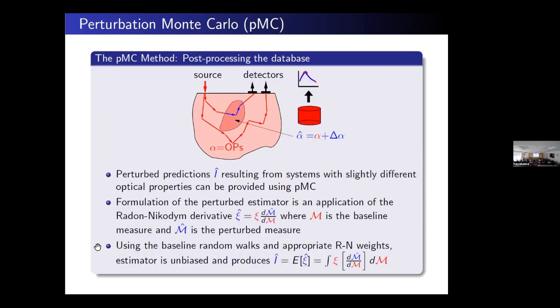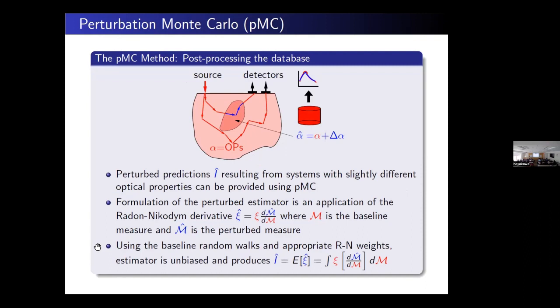So how do we determine I hat? What's the change to this signal, this measurement? Because we have this new region in here with the change of optical properties. The way we reweight the photon is we apply a Radon-Nikodym derivative.